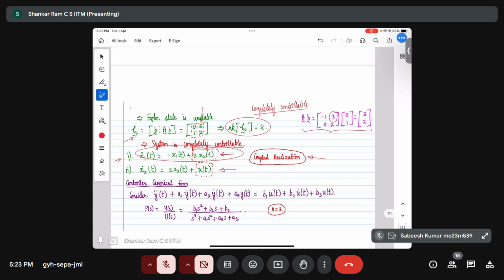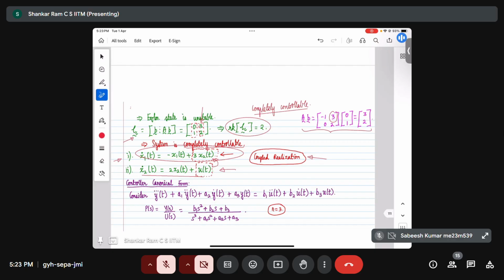Exactly. You can see a direct impact of control on x2 through the second equation. That doesn't mean x1 is not controlled by u. x1 is being controlled by u through x2. So it's an indirect connection, but it is there. This is what we need to be careful about.